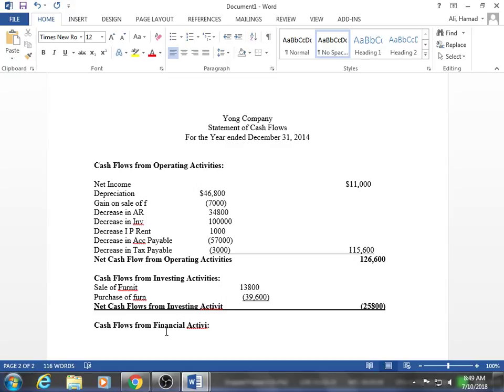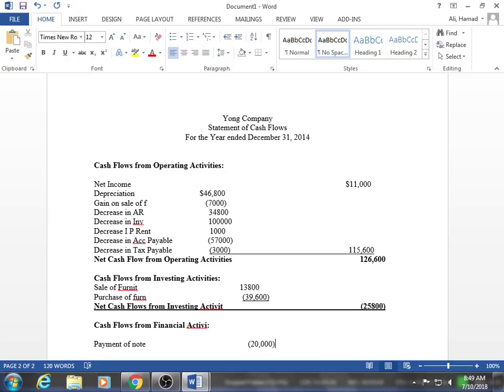We paid, so we have an outflow of 20,000, but we got an inflow of 40,000. That's correct. So we have a payment of note for 20,000, that's negative 20,000.